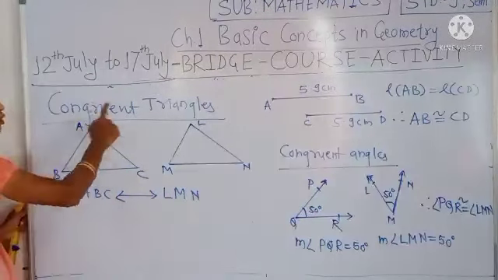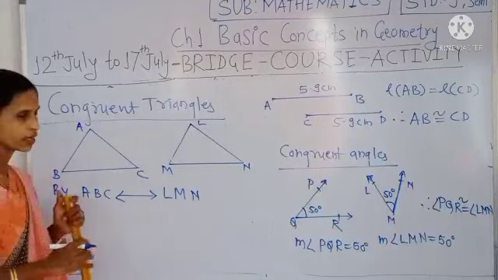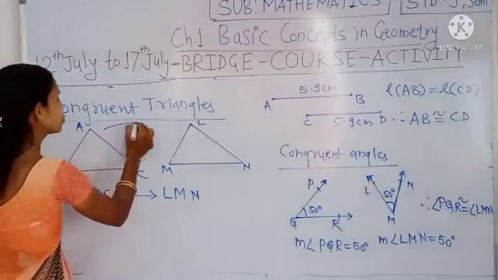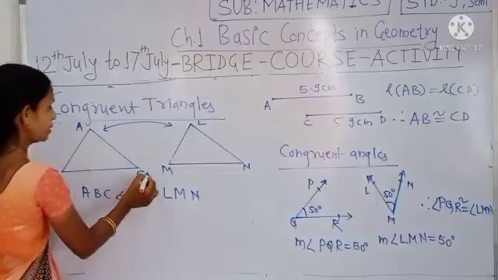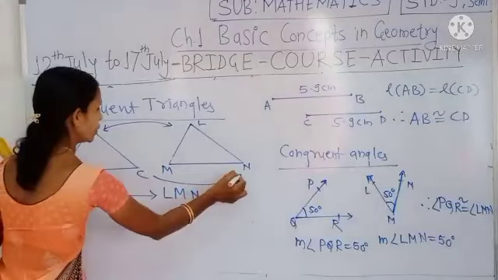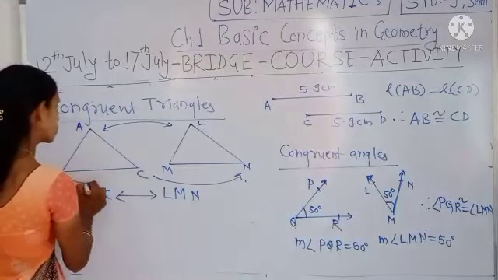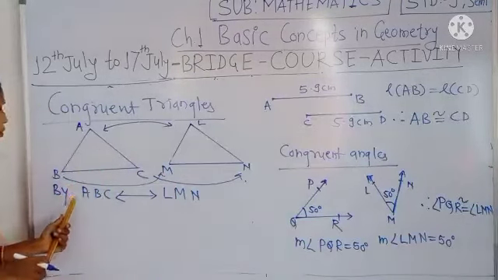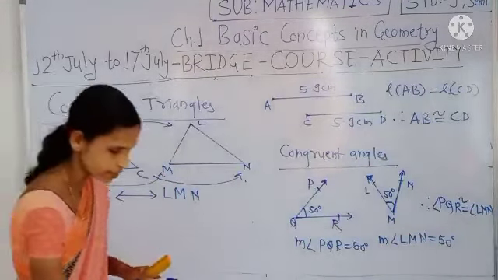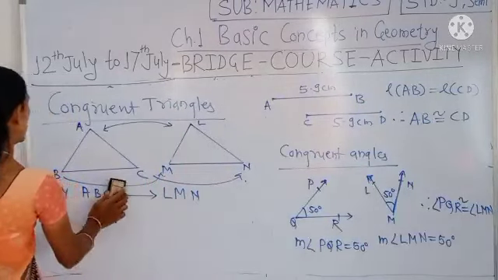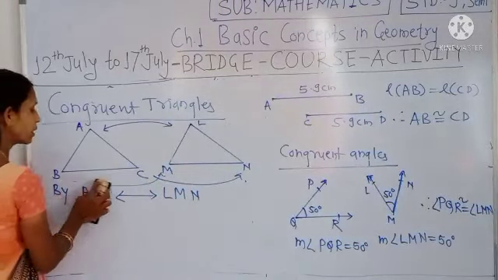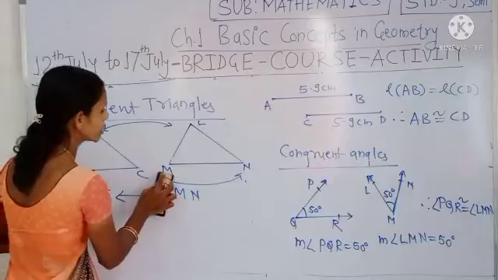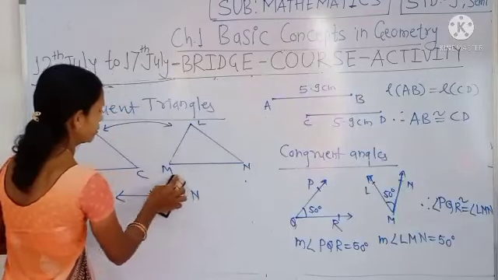That means there is a 1-to-1 correspondence. A corresponds to L, C corresponds to N, and B corresponds to M. That means there is a 1-to-1 correspondence, and there are 6 different types of 1-to-1 correspondence.